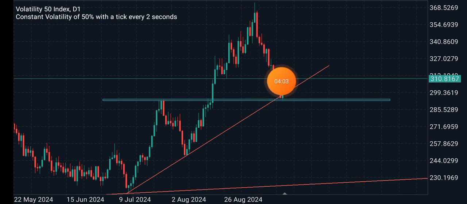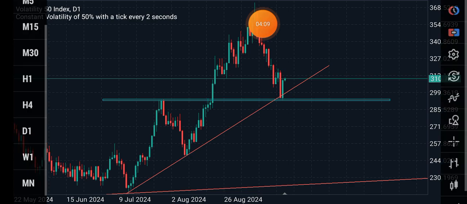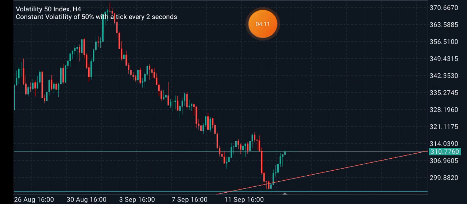Looking at this one, we've also been making lower highs and lower lows. You can see that properly on the 4 hours time frame. So we have a lower high, a lower low, a lower high, a lower low, a lower high, a lower low, a lower high, and now we have a lower low.